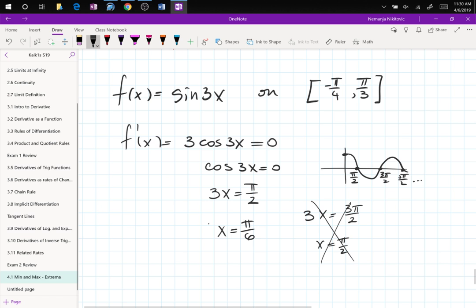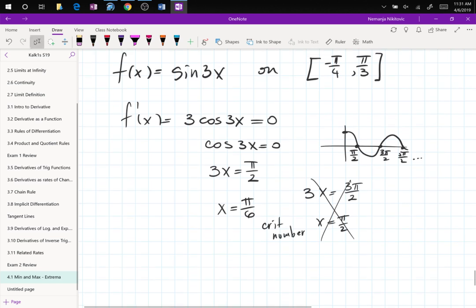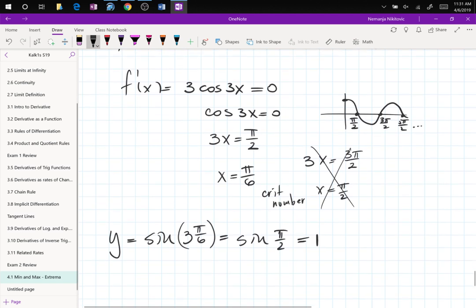We only have one value, so this is our critical number. Now we find the y value for it, so y is equal to the original function, which is sine of 3 times pi over 6, and this is sine of pi over 2, and that's 1. So my critical point is pi over 6 and 1.